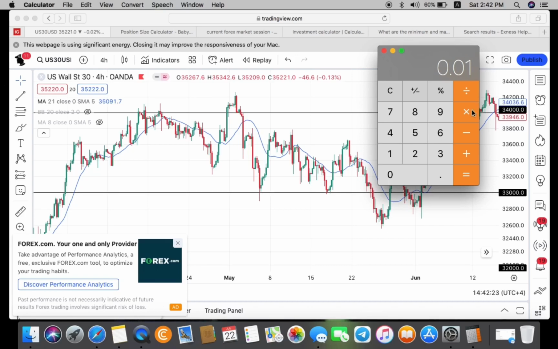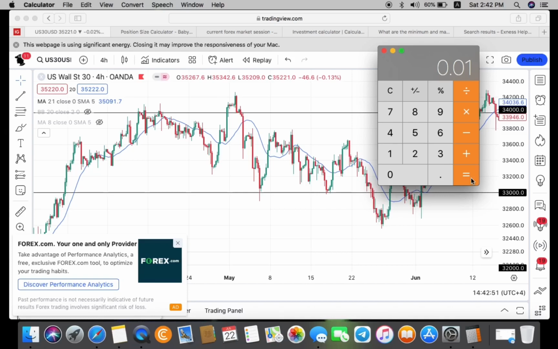This is the lot size times 100, which is $1, times the pip size, which is 0.01. So if you have 1 point and use that lot size, per point, because you are dealing with US30, you're going to have 0.01.